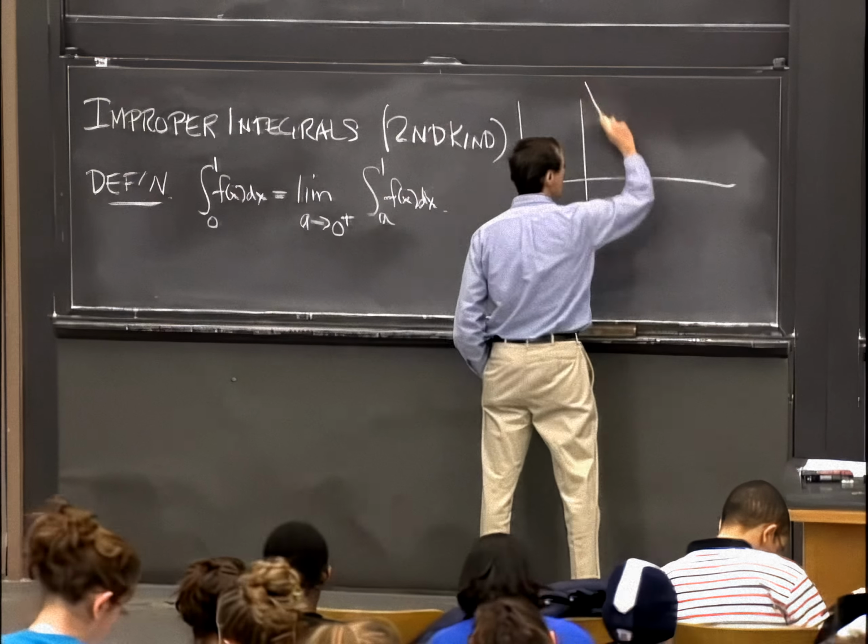But if you evaluate it, first of all, we always write this as a power, to get the evaluation. And then I'm not even going to replace the 0 by an a. I'm just going to leave it as 0. The antiderivative here is x to the 1/2 times 2. And then I evaluate that at 0 and 1, and I get 2 minus 0, which is 2. All right, so this one is convergent. And not only is it convergent, but we can evaluate it.